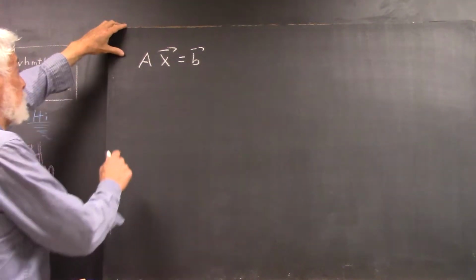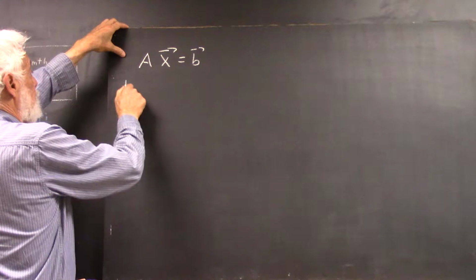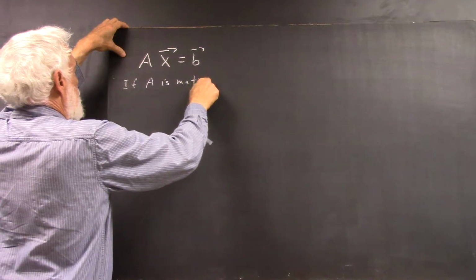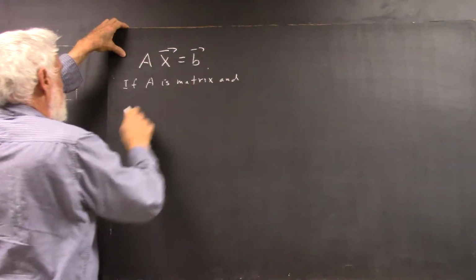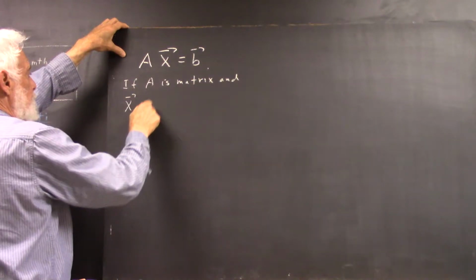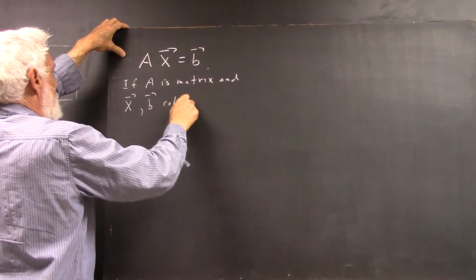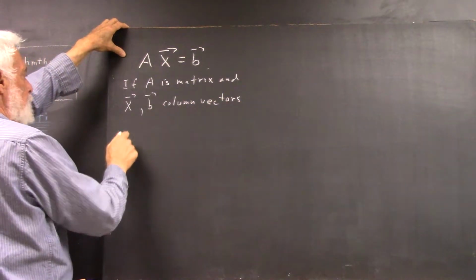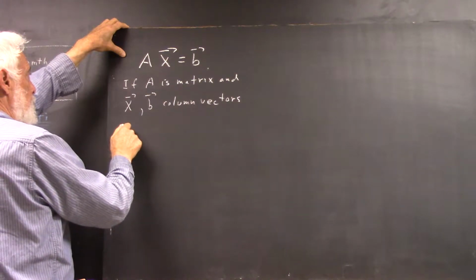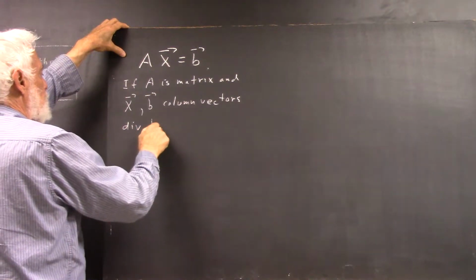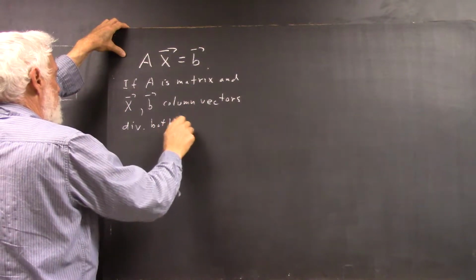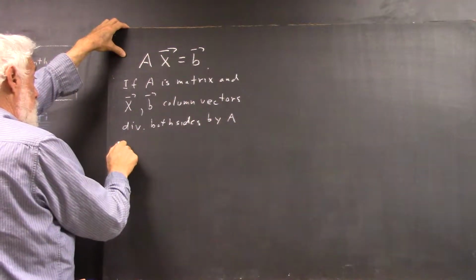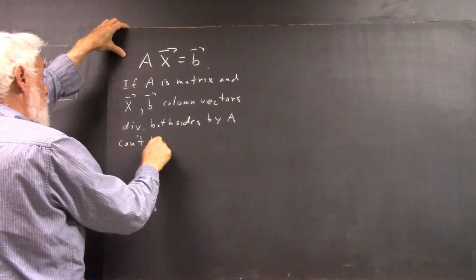But if A is a matrix, and X and B are column vectors, dividing both sides by A can't be done.